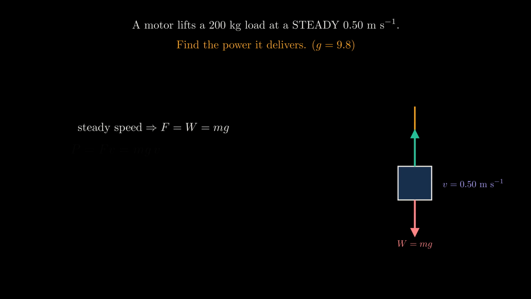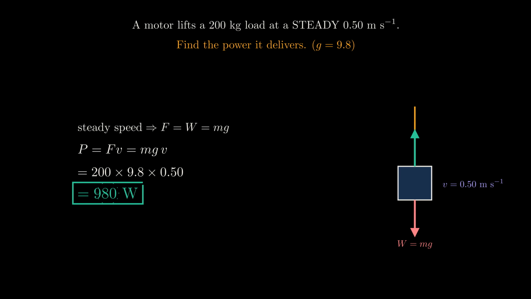Now use power equals force times velocity. That's mg times v, which is 200 times 9.8 times 0.5. 200 times 9.8 is 1960. Halved is 980. The motor delivers 980 watts, near enough 1 kilowatt.